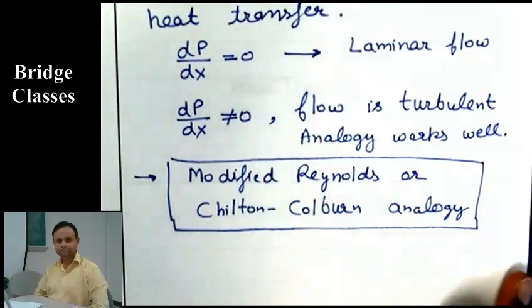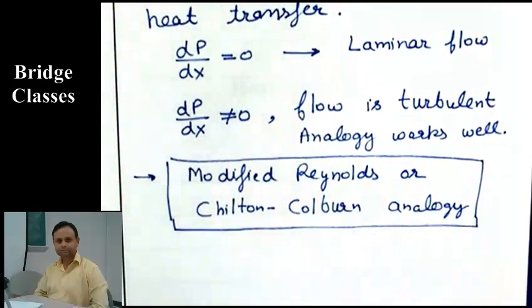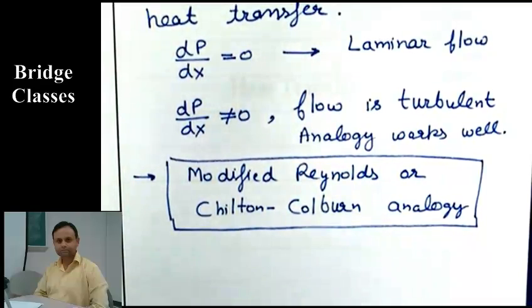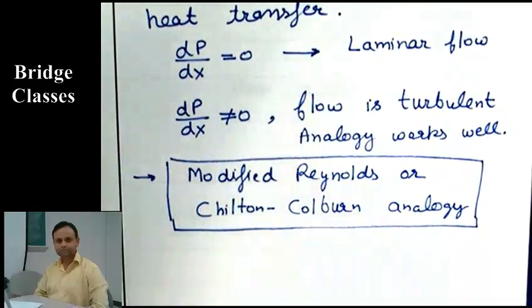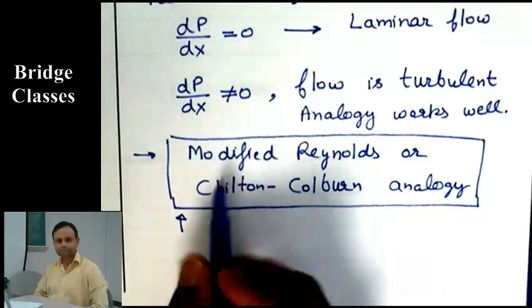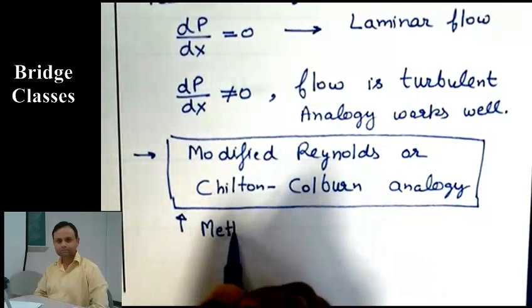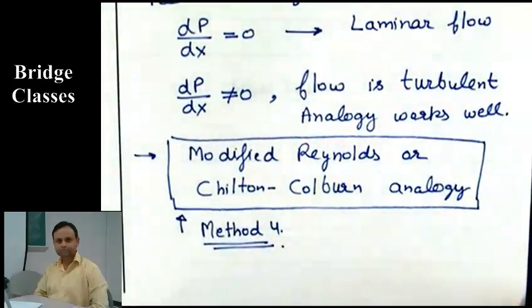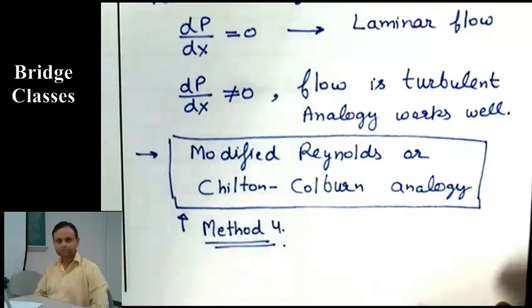So you can say this is method 4. We are talking about methods for getting the convection coefficient. This is another method, where you do a fluid mechanics experiment, or whatever way you determine CF, and you use that to get the Nusselt number. So this is another method to get the convection coefficient.